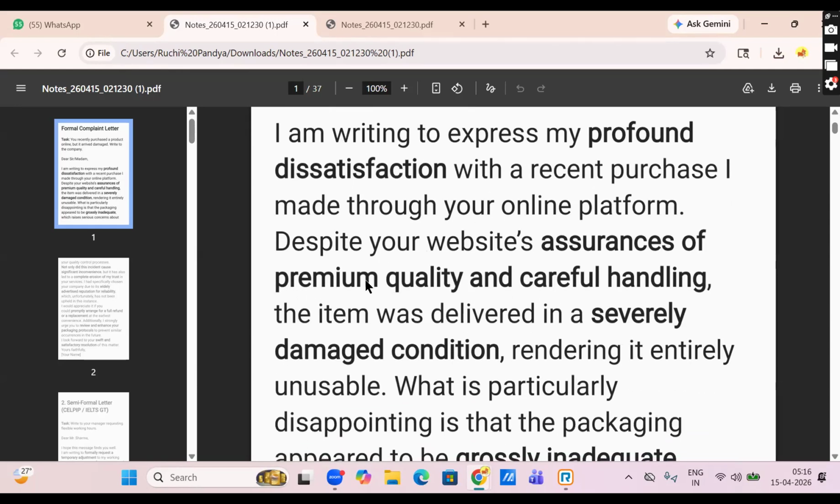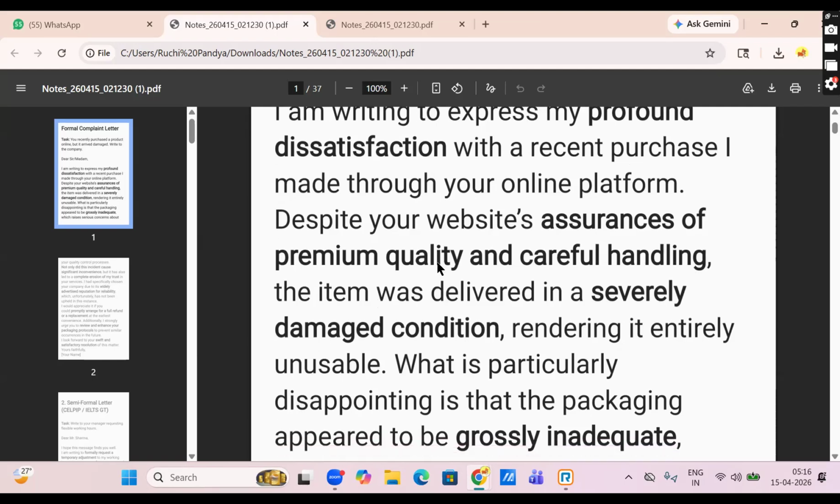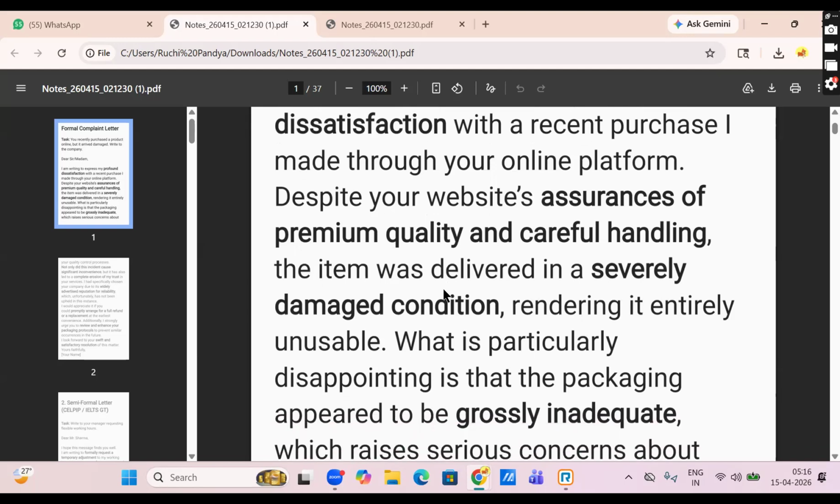Now, moving ahead, you will complain a little, you'll talk about it. So, despite your website's assurances, did your website have a guarantee, an assurance? Despite your website's assurances of premium quality and careful handling, the item was delivered in a severely damaged condition.